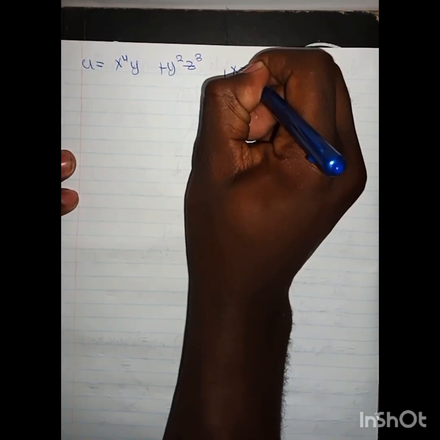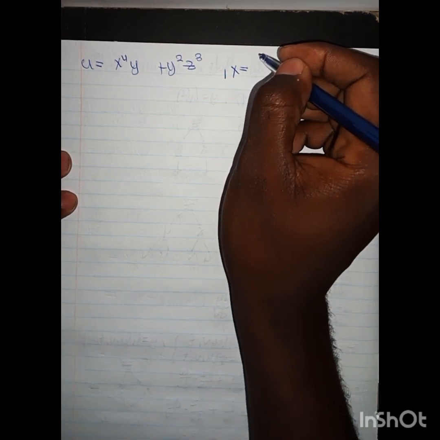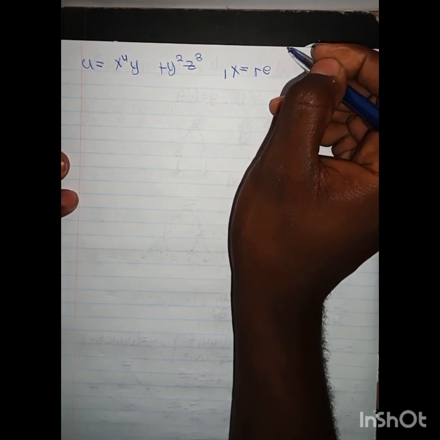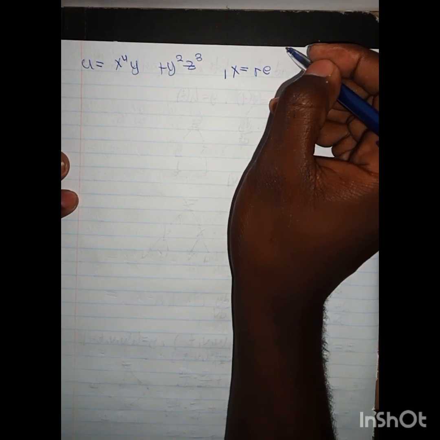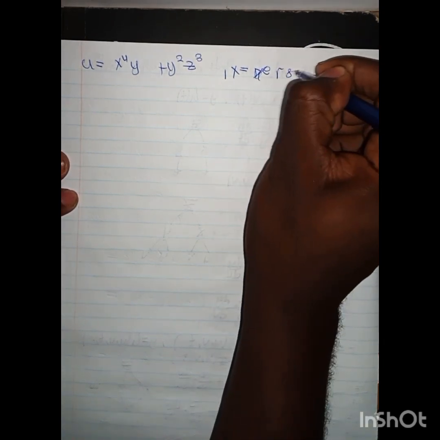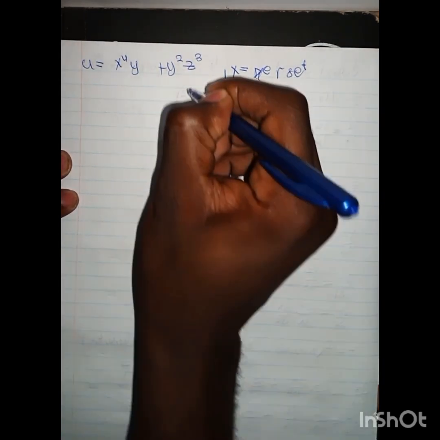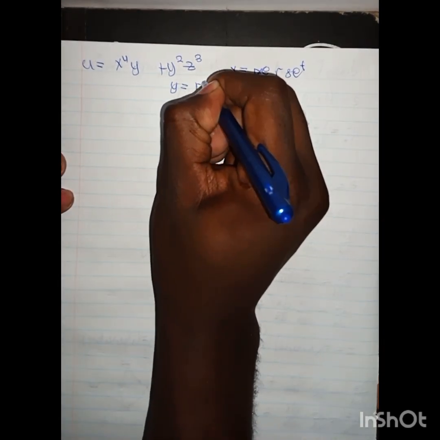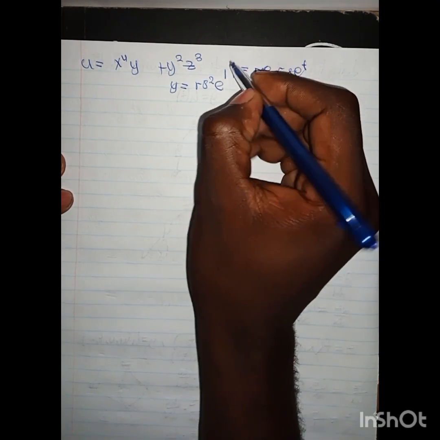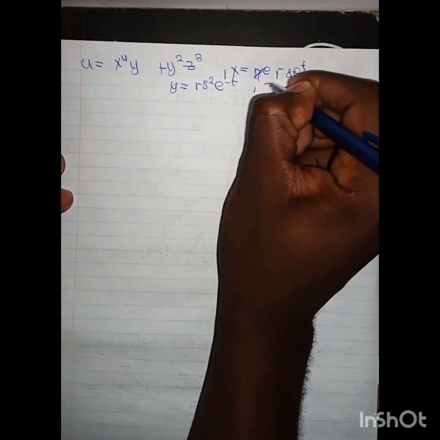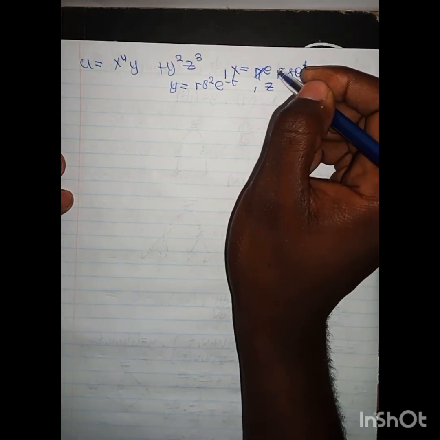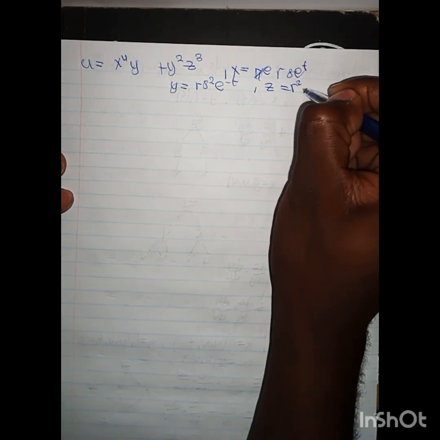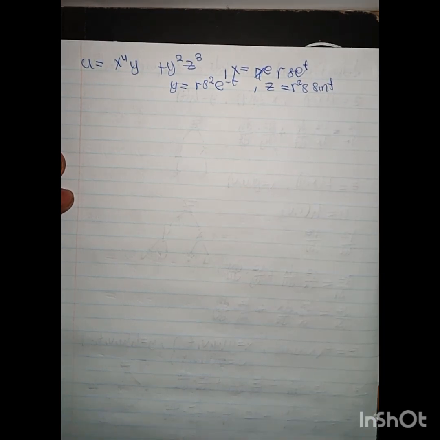Whereby the subfunctions are: x is given by r e to the t, y is given by r s squared e to the negative t, and lastly z is given by r squared s sine t.